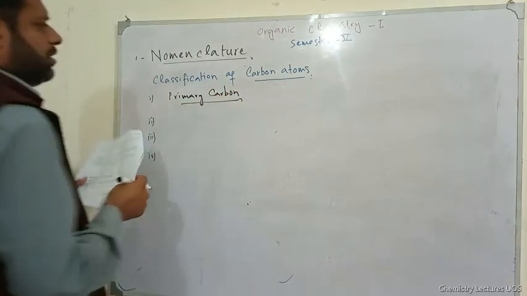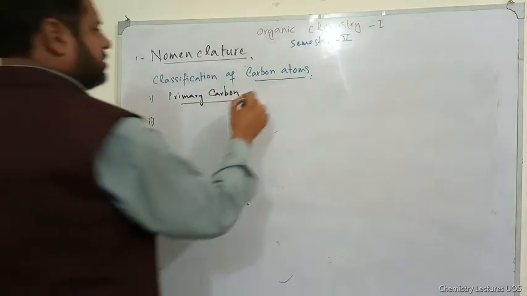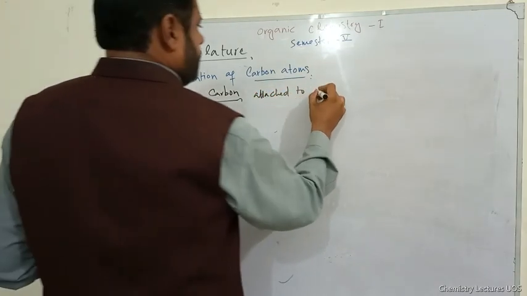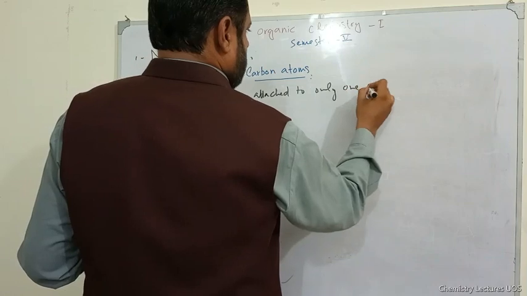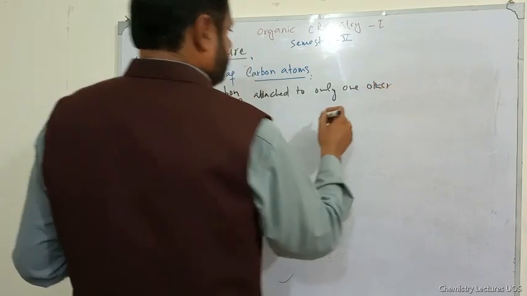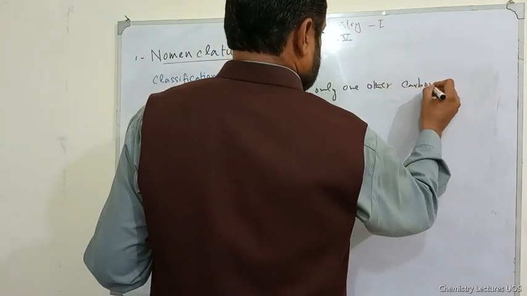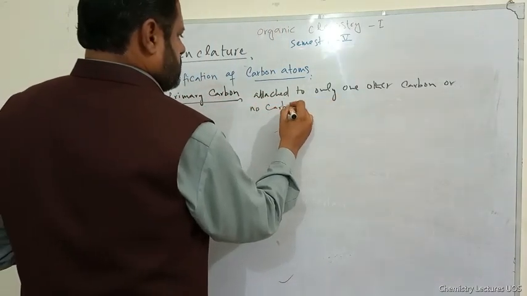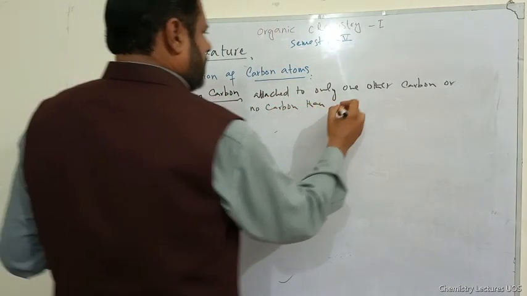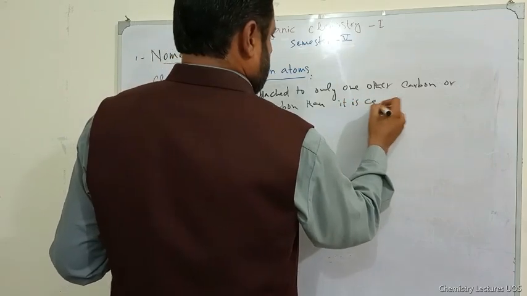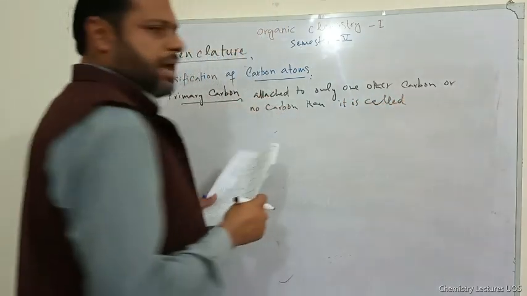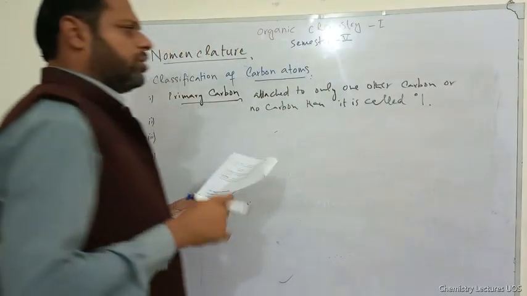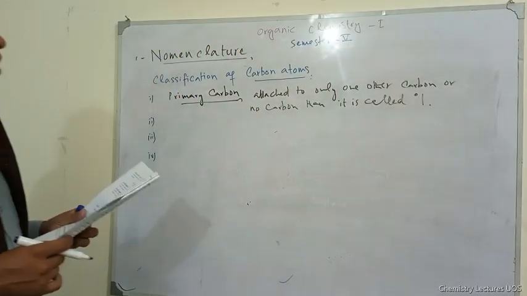If the carbon in the chain is attached to only one other carbon or no carbon, then it is called a primary carbon and it is denoted as 1, and you can write that degree on this number 1.